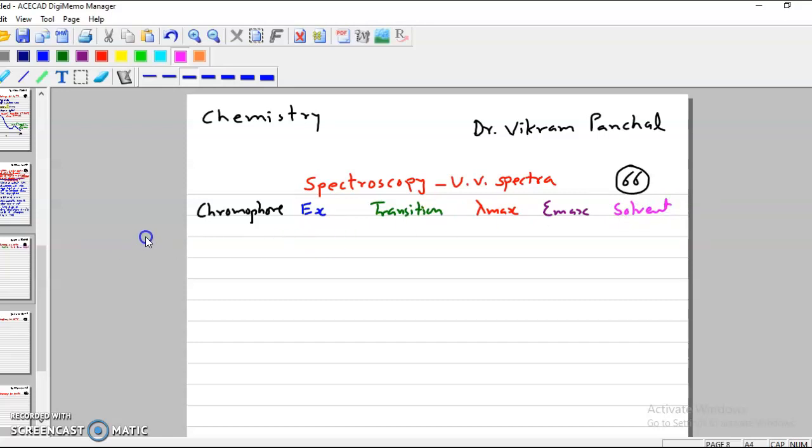So first of all, let us discuss the chromophore C double bond C. The best example is ethene. The transition occurring in ethene would be the pi to pi star transition, and you know that it is an allowed transition.